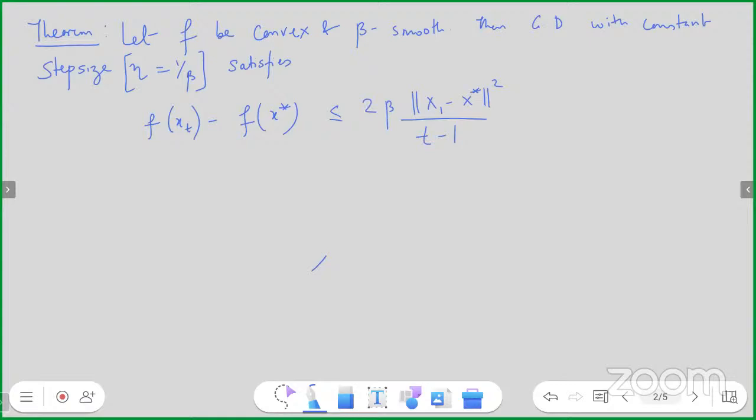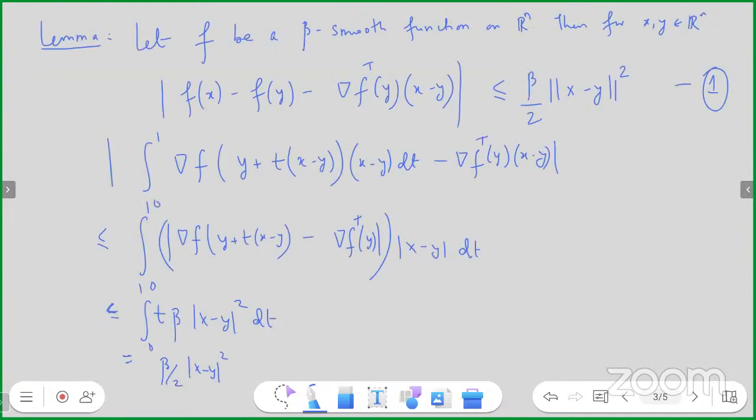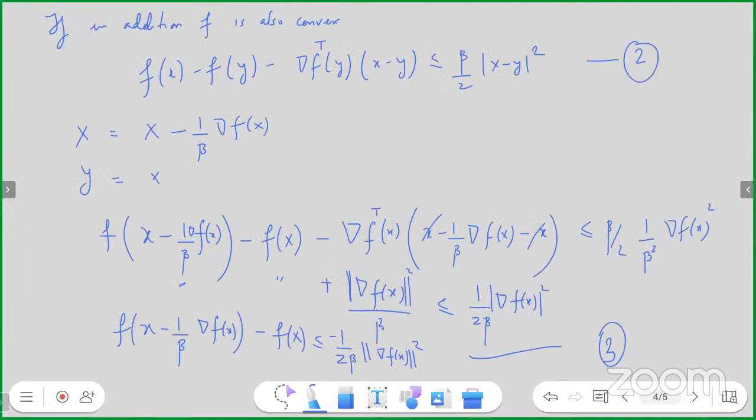This is the result I want to prove. So forget about this part. Can you show it's 1 over t somehow? That would be enough. We'll do this, but at least get a sense of why it is 1 by t. What have I shown in one step compared to where I am?